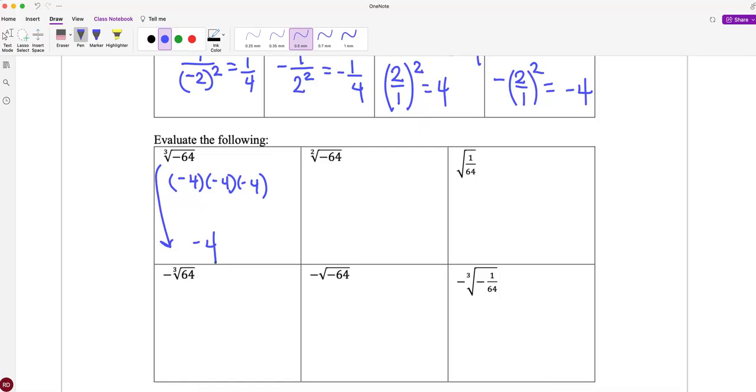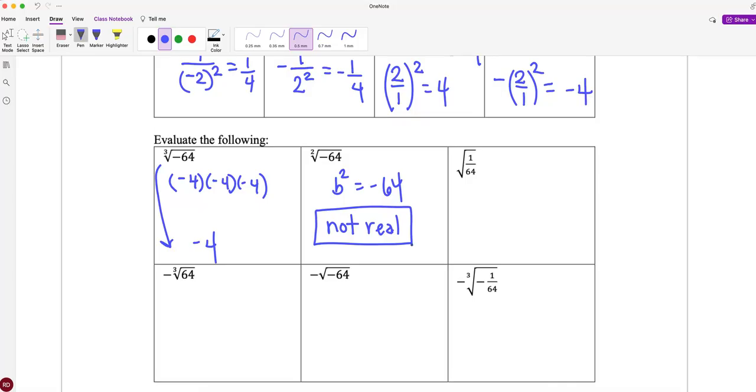The square root of negative 64, is there a number that you can square and get negative 64? Well, if you multiply a number by itself, if it's positive, you get positive. If it's negative, you get positive. So this is not real. In later math classes, you'll learn that this is a complex number that's sort of beyond the scope of what we're doing. So this is not a real number.